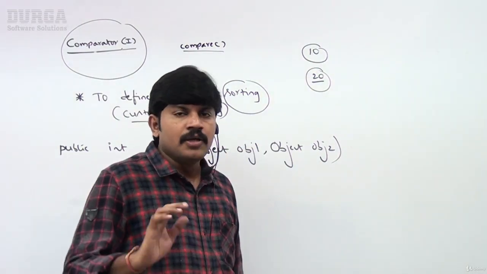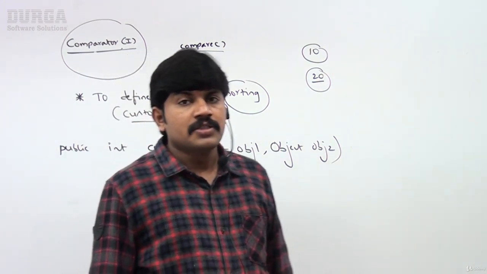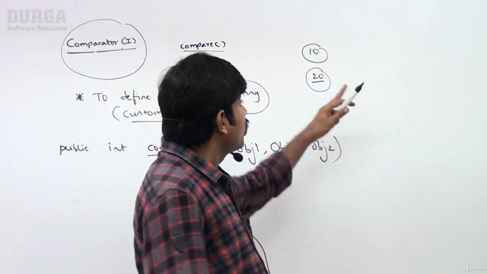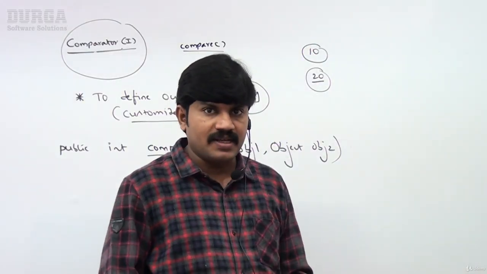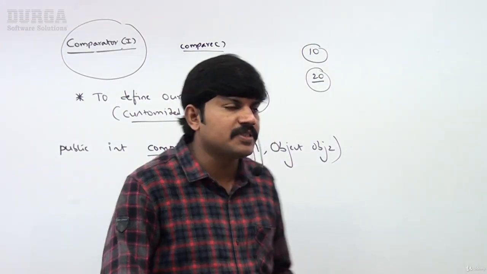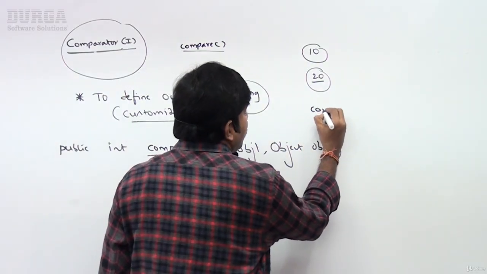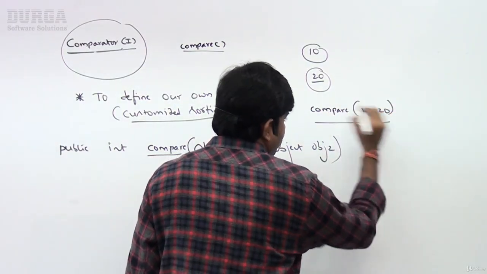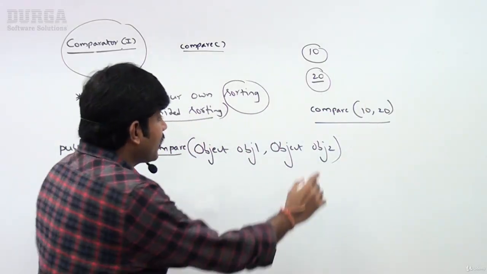But the JVM is not a human being. Internally, wherever sorting is required, the JVM calls the compare method: compare of 10, 20.